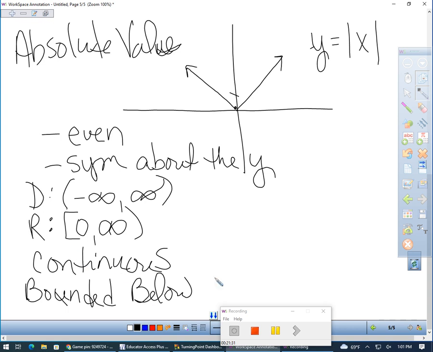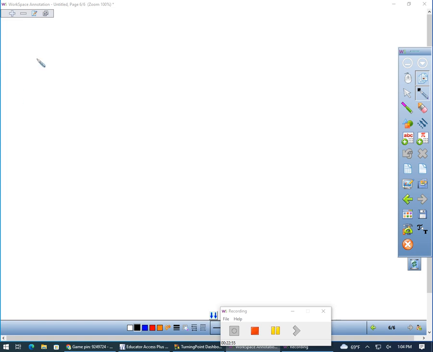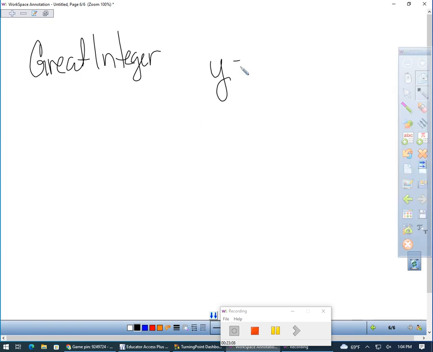So after we talk about the absolute value one, let's see, let's go to, oh, this is one of my favorite ones. This is called the greatest integer function. The greatest integer function is written as y equals int of x.